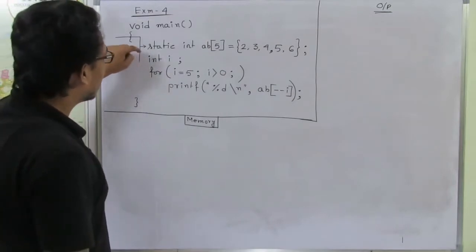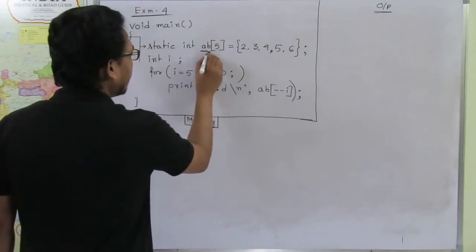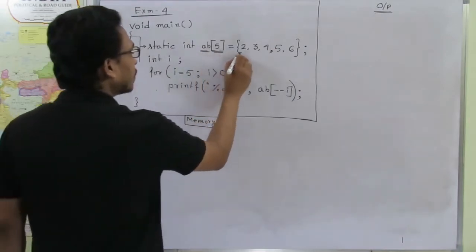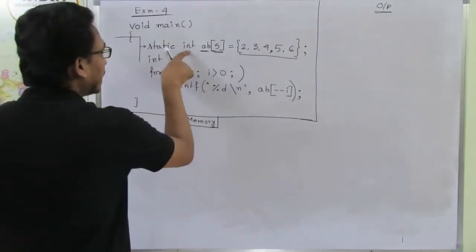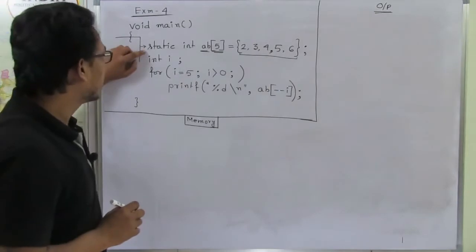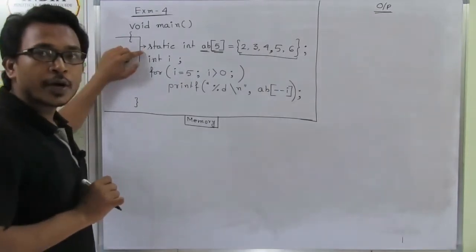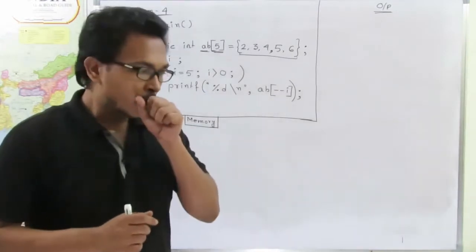Now look at here, this is a declarative statement where we declare an array AB with range 5 and we also initialize all the 5 elements here, and in this particular declarative statement the storage class that is used is static. Now what happens in case of static declaration?